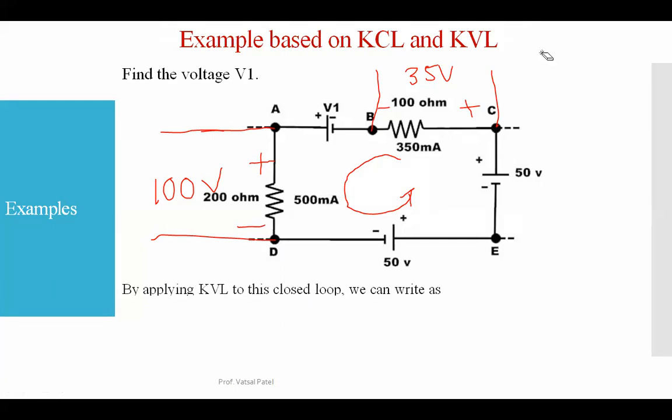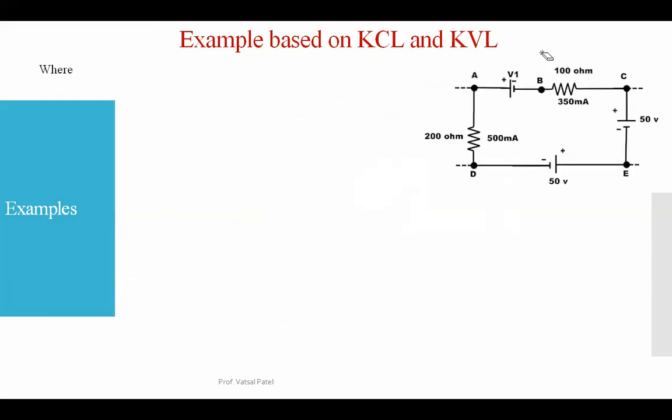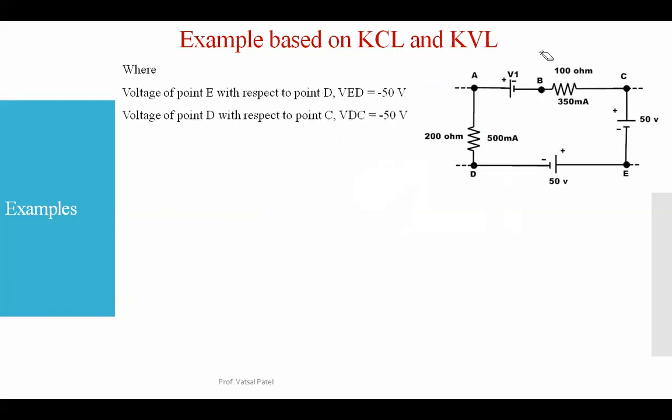So you can see over here, we apply KVL in this closed loop circuit. So we apply the notation here. First of all, the voltage between E and D point is identified as minus 50 volt as per the direction. The voltage between the D and C point is again minus 50 volt.